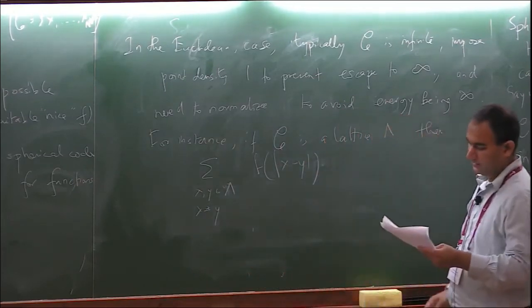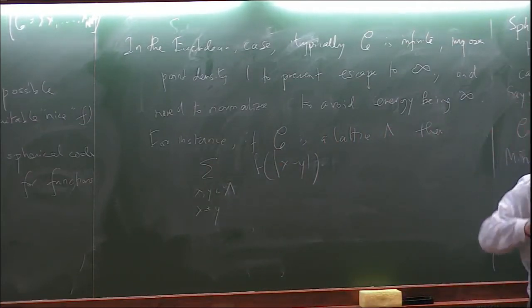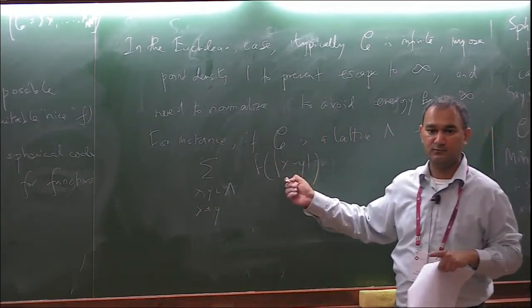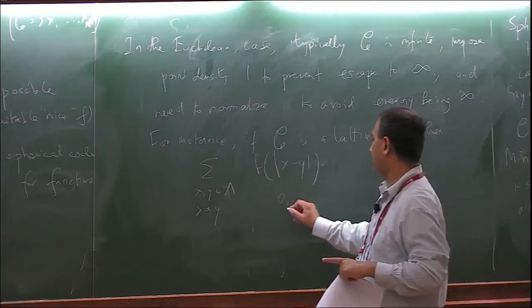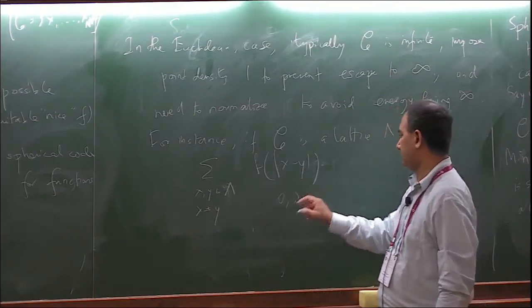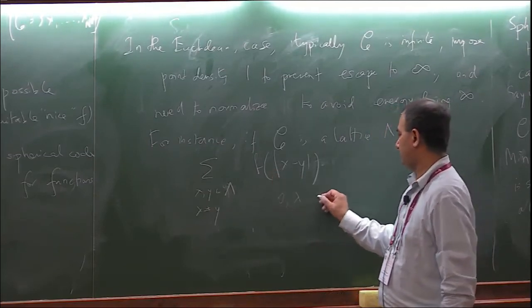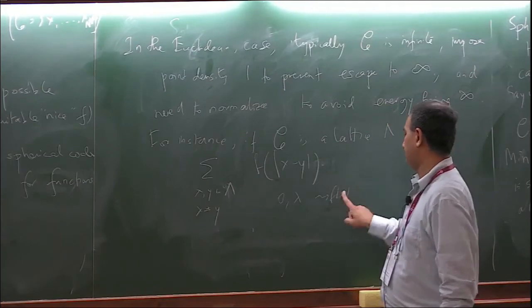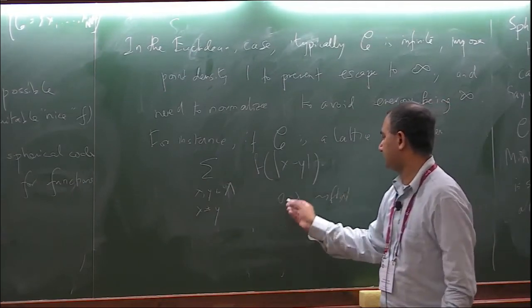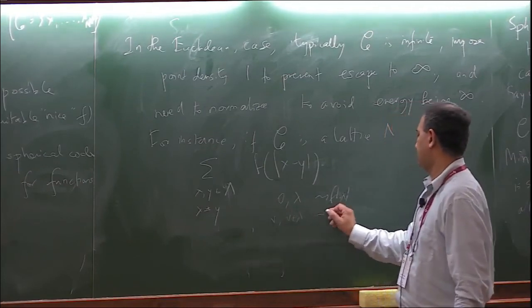The problem is every distance is going to get counted infinitely many times. Certainly, if x is 0 and y is lambda, you get f of lambda. But also if x is some vector v and y is v plus lambda, you get f of lambda.